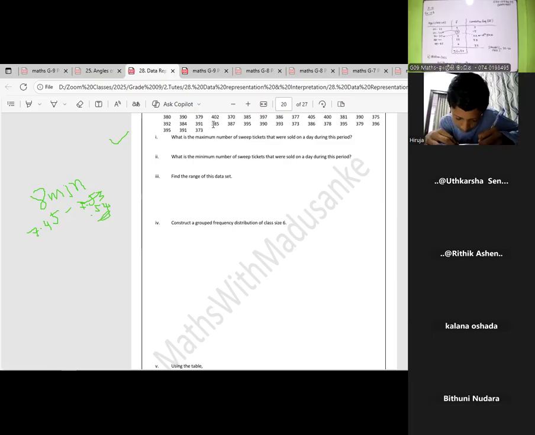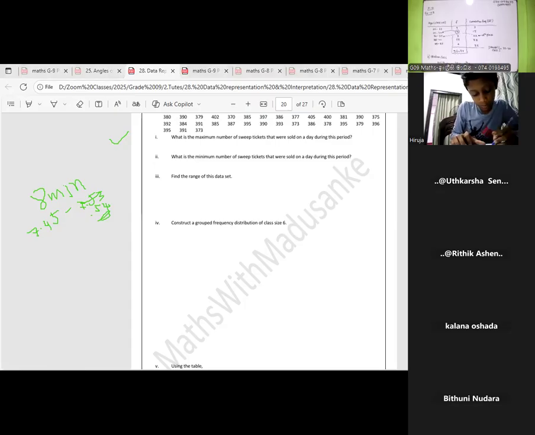Please, for this one, make a close gap group frequency table.